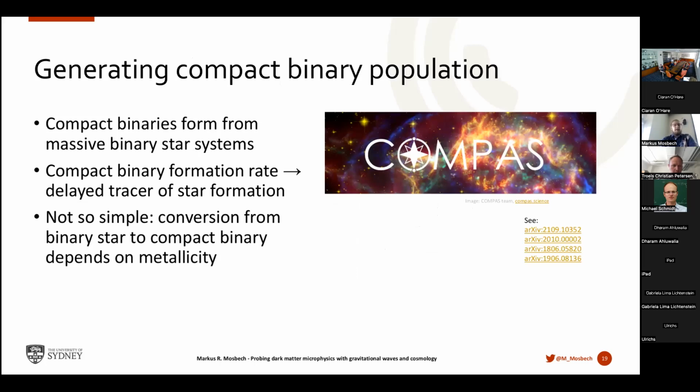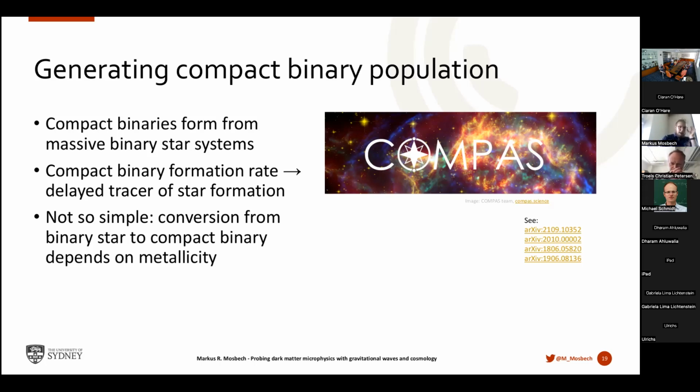We can generate our compact binary population. As I mentioned, these compact binaries form from massive binary star systems. You have two stars. They are quite short-lived if they're going to end up as black holes. As long as they don't throw their partner away, they will end up becoming maybe binary black holes. So it's essentially a delayed trace of the star formation rate because, shortly after you form a lot of heavy stars, you're going to form a lot of black holes.